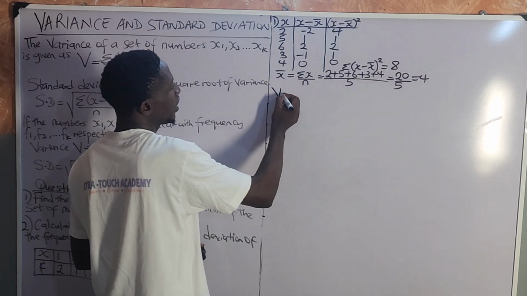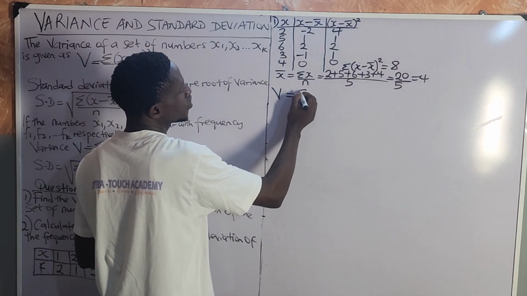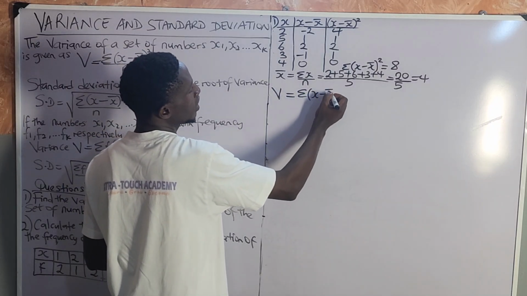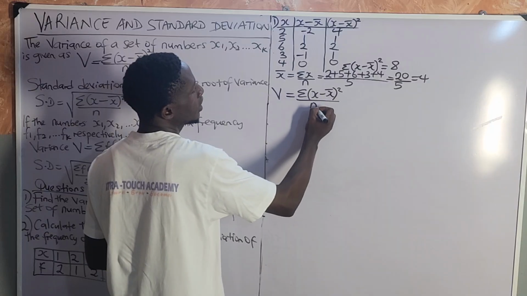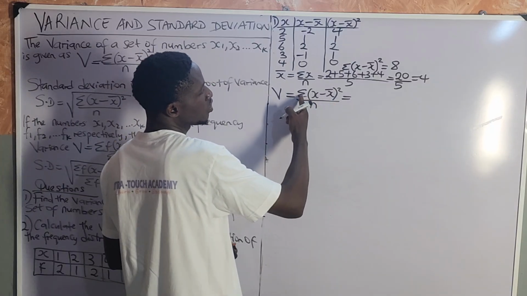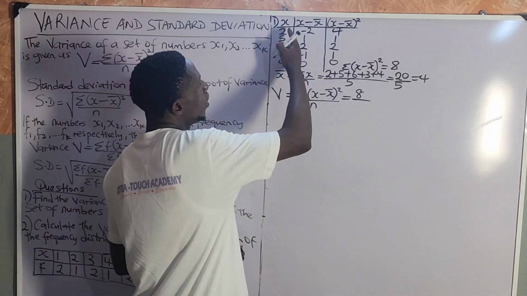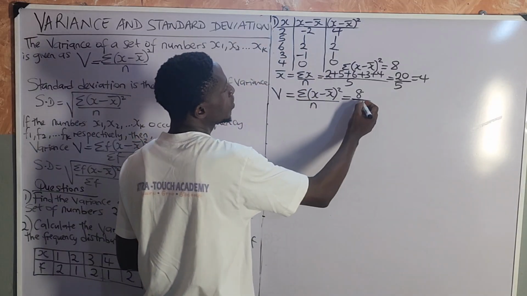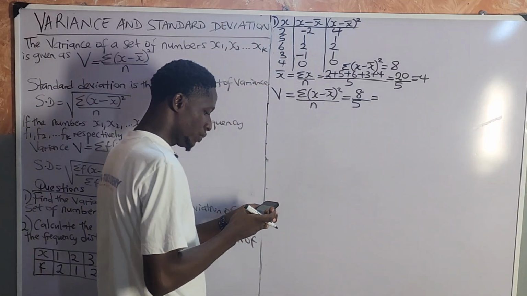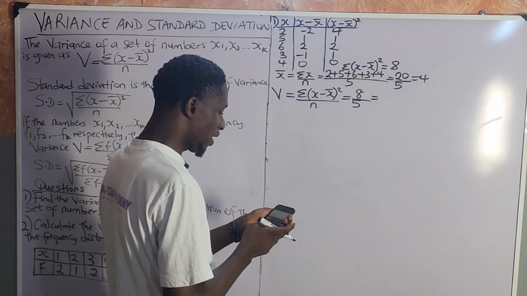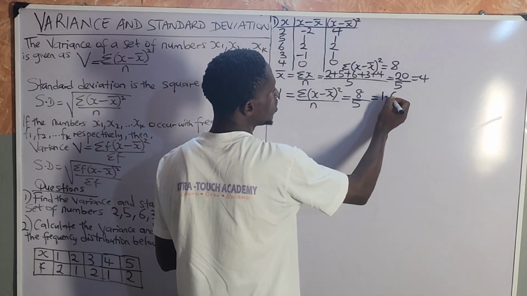So to get the variance, V is equal to the summation of (x minus x bar) all squared over n, which is equal to the summation of this, which is 8, over how many numbers are here? 1, 2, 3, 4, 5, so over 5. 8 divided by 5 should give us 1.6.